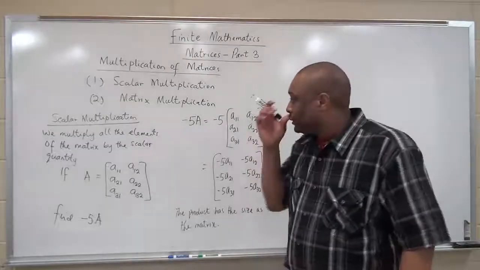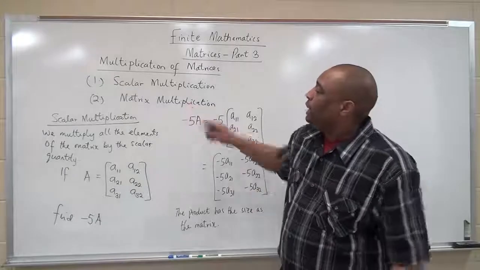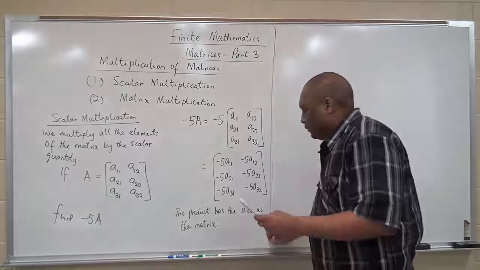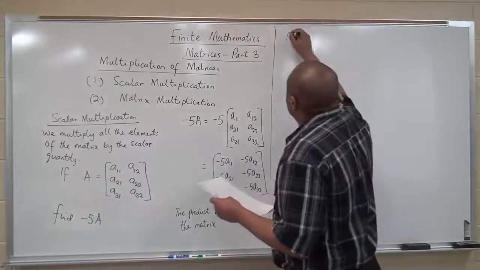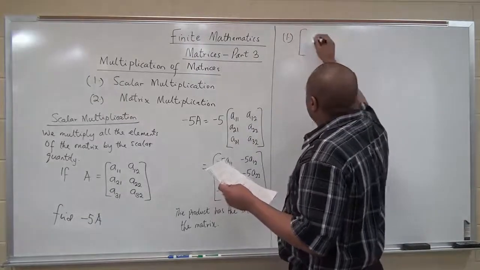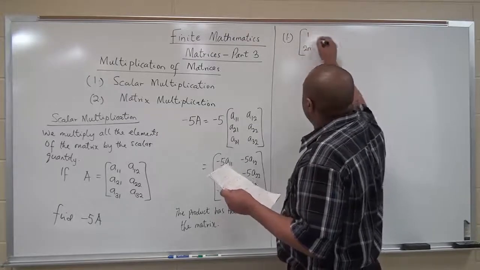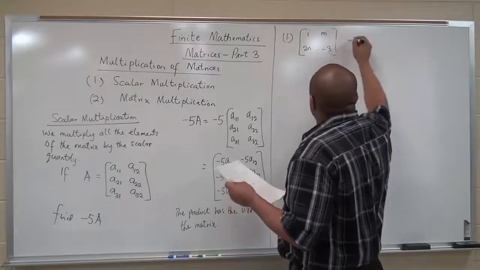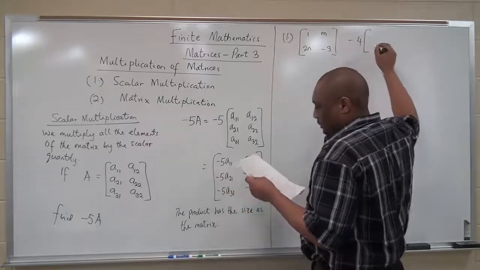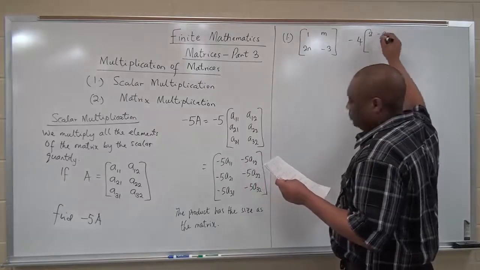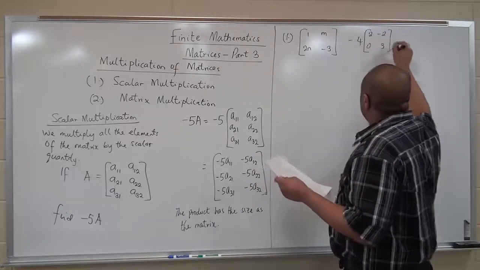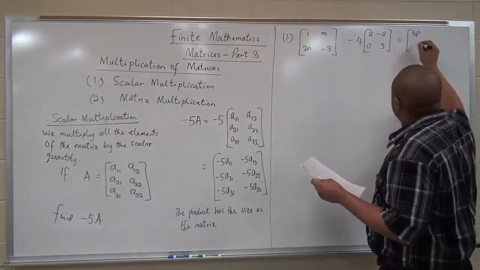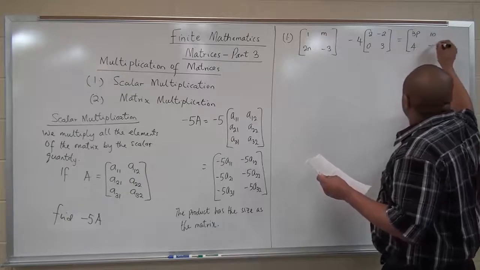Now let's do some examples on scalar multiplication before we talk of matrix multiplication. Number one: the matrix 1, 2n, m, negative 3, minus 4 times the matrix 2, negative 2, 0, 3, equal to the matrix 3p, 4, 10, negative q.